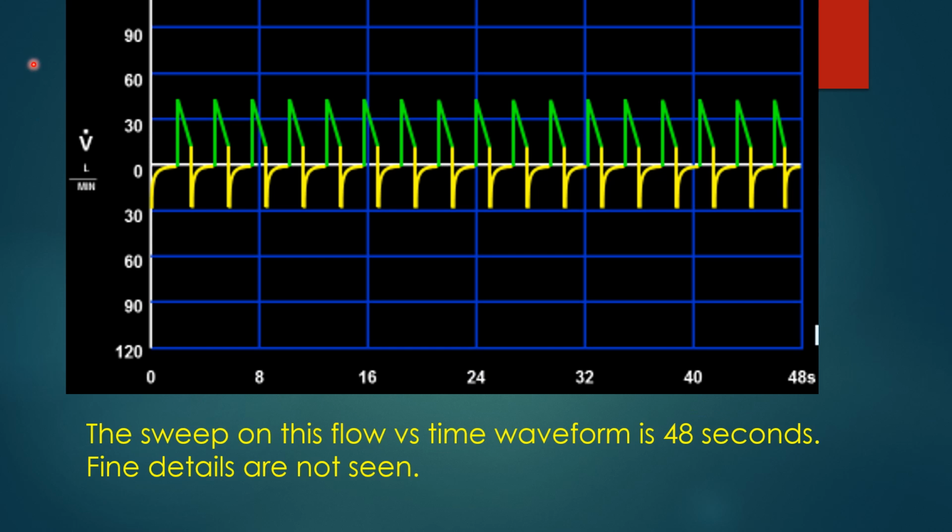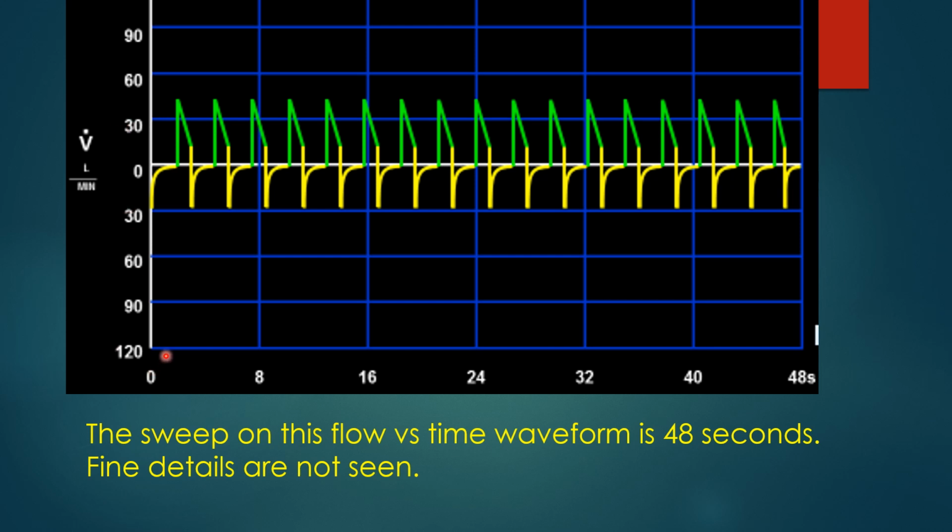In this example of a flow versus time scalar waveform, we see the flow is in increments of liters per minute. You can change this on your machine to show liters per second. So 30 liters a minute would say 0.5 liters per second.